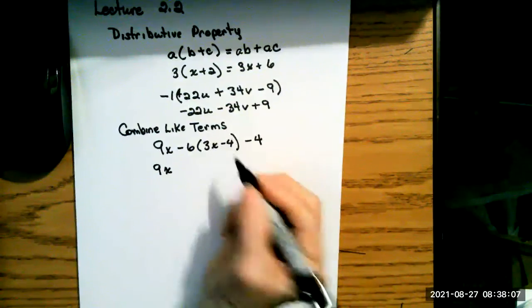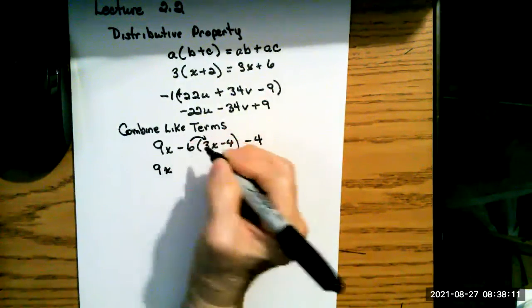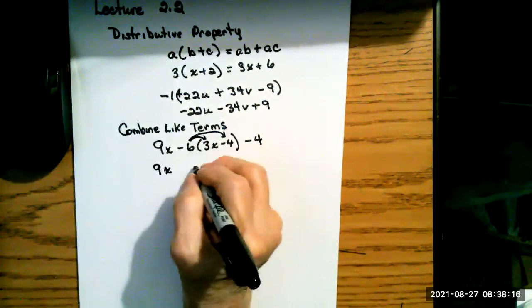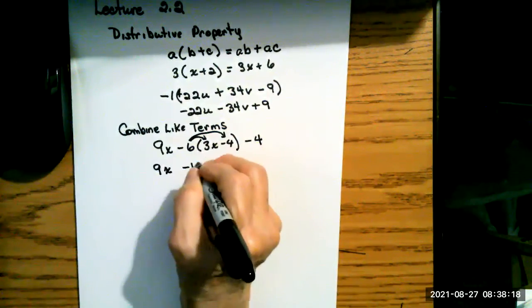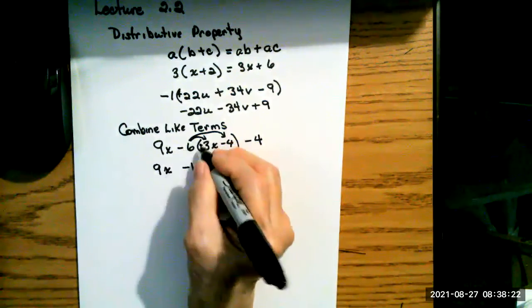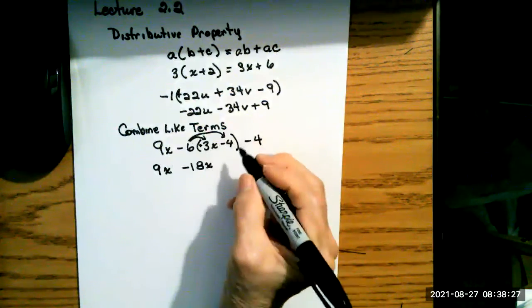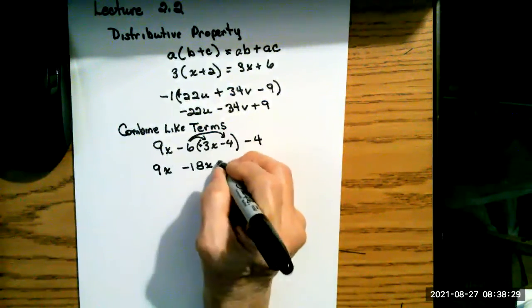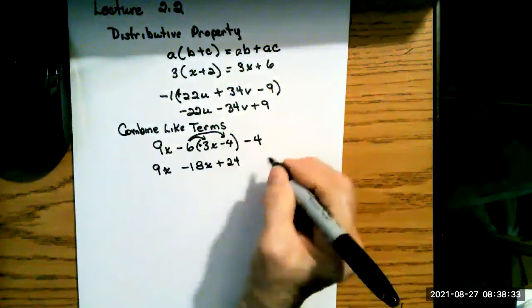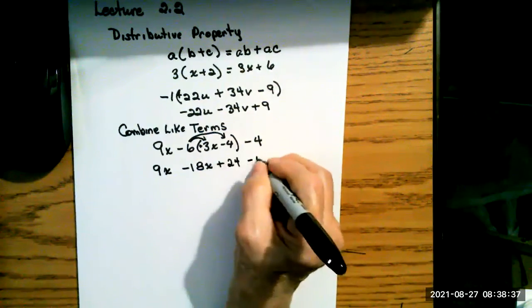You have to get rid of the parentheses by distributing the negative. Remember, the negative will act as an opposite maker here. 6 times 3 is 18, so this will be a negative 18x because the 3 was positive, and now it's going to be negative. The negative times that negative, like an opposite maker, will change that to a plus. 6 times 4 is 24. And this doesn't have anything to do with the parentheses, so I just bring it down.